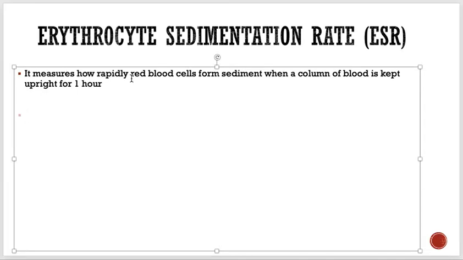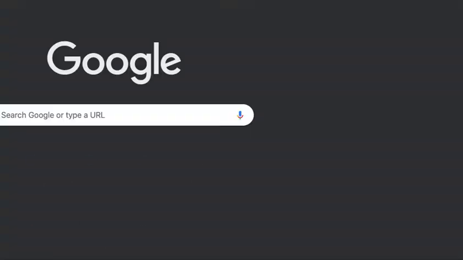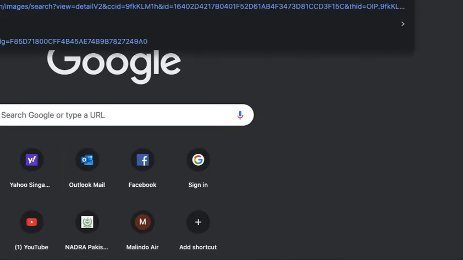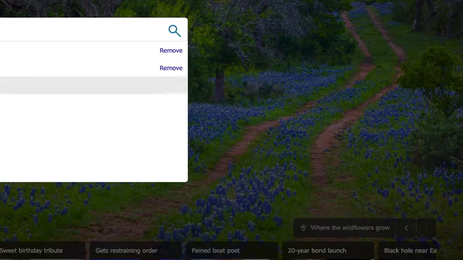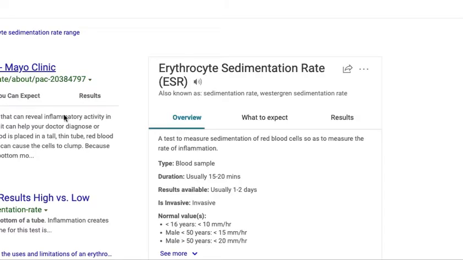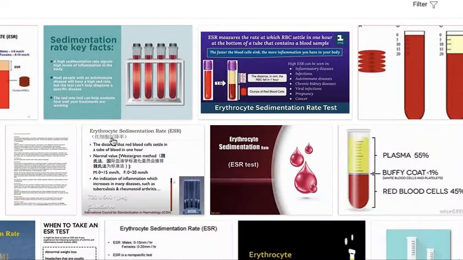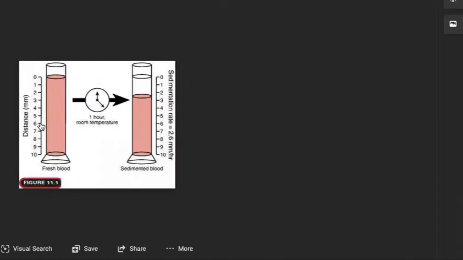So of course now, if you can see again the same diagram, what I wanted to show you is this one. If someone has this much column, and the RBCs are settled down to this much extent, then his ESR will be this much, this reading.